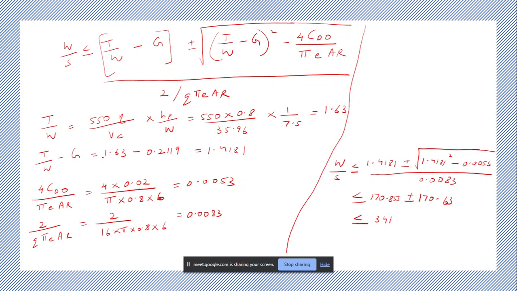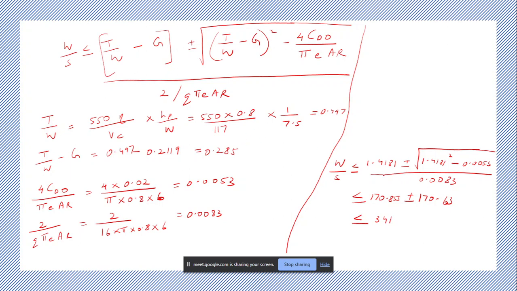Then our T by W of the previous case was valid, right? 117.497. That will be 0.497 minus 0.2119, 0.285. Yes, is that right?